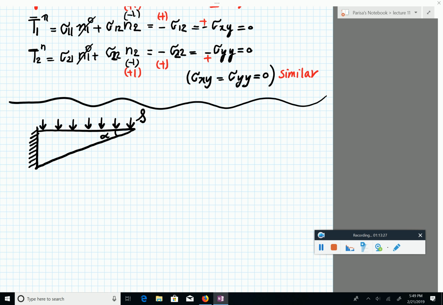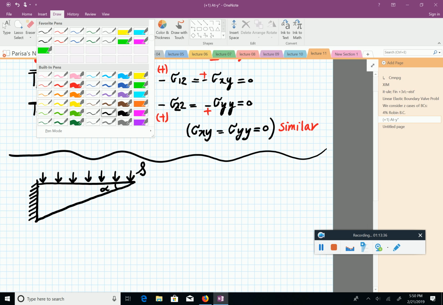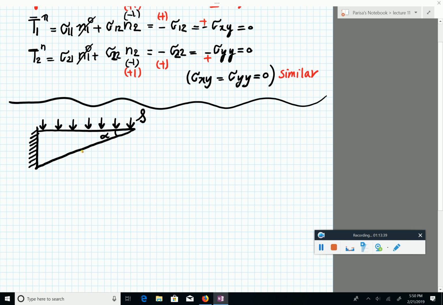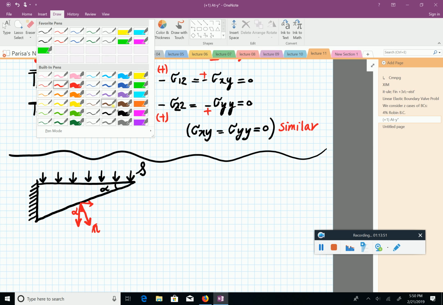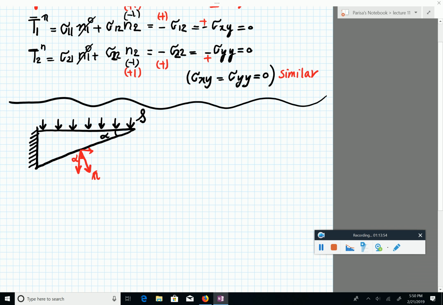Okay, so let me quickly do that before maybe. So I write it in X and Y just.